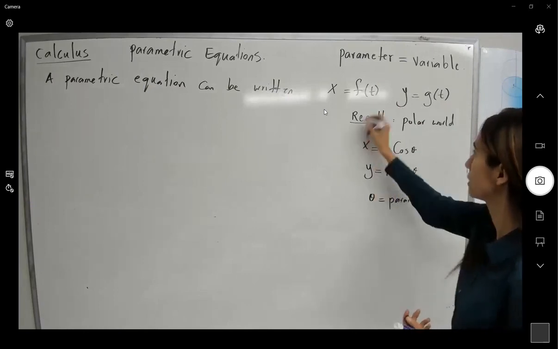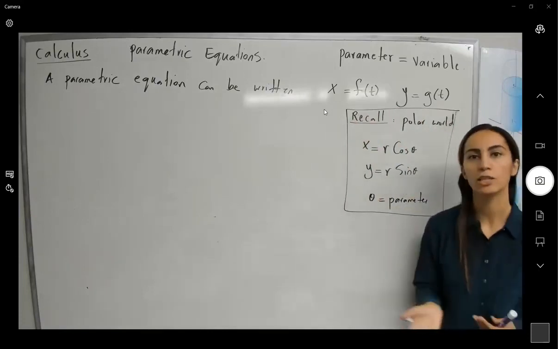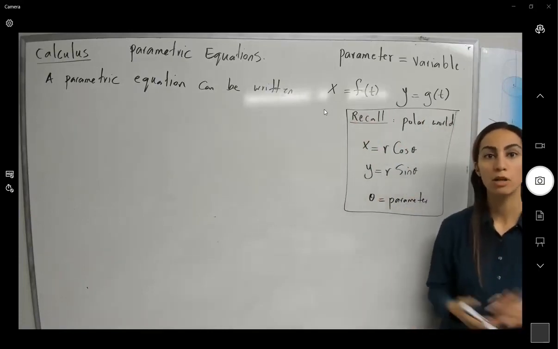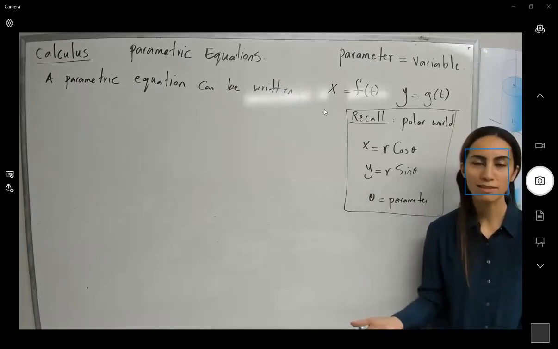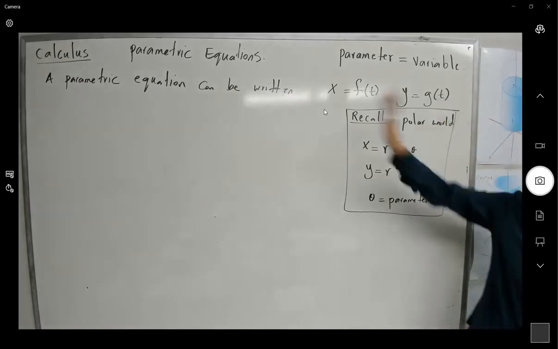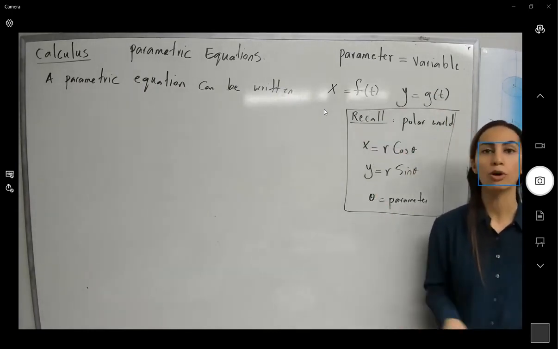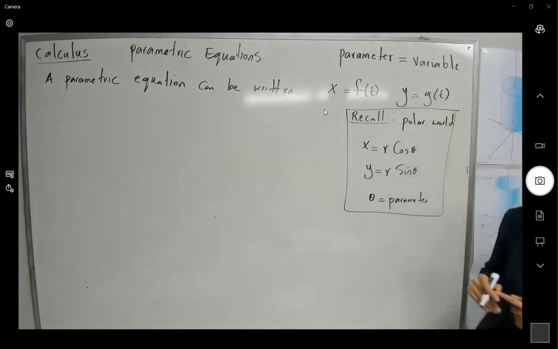We are writing x in terms of theta and y in terms of theta. Theta is a variable, it's not time. What is it? It is the angle. The same thing is happening here, but we are generalizing the idea. We're introducing more parametric equations.